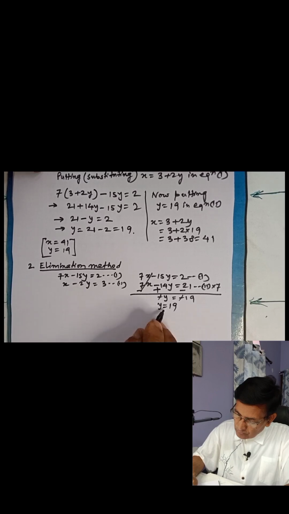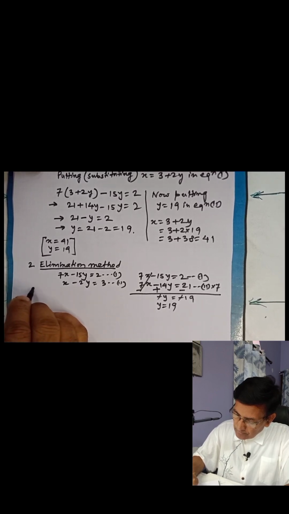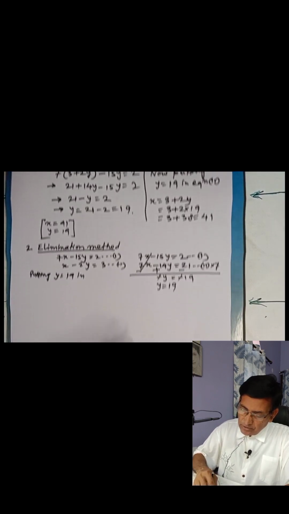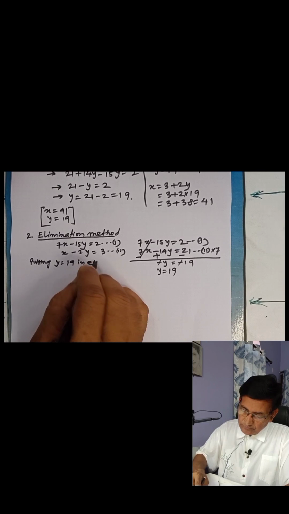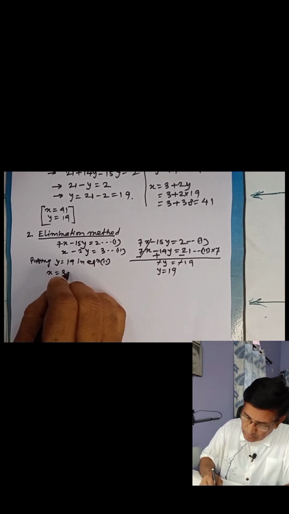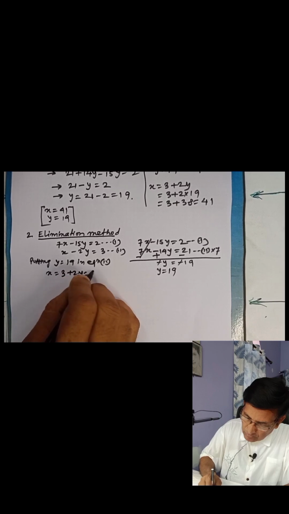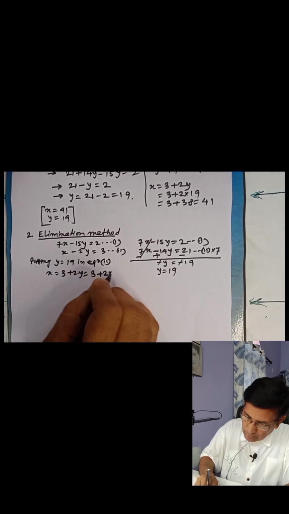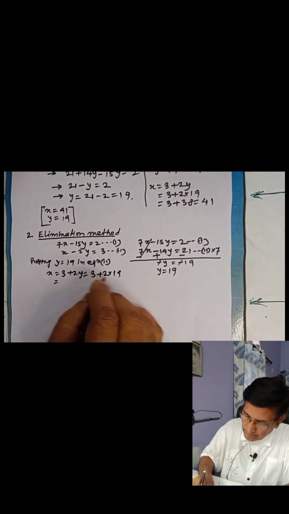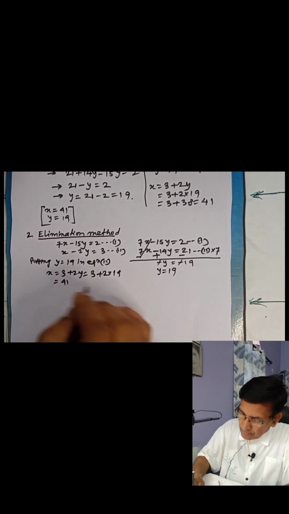Putting the value of y is equal to 19 in equation 2, x is equal to 3 plus 2y is equal to 3 plus 2 into 19 is equal to 41.